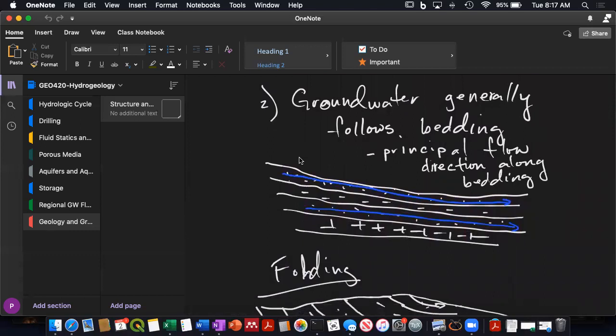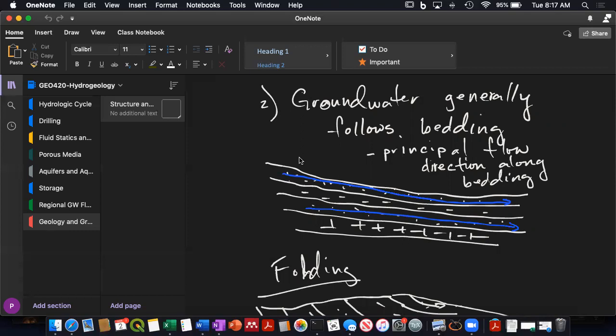All right, we also said that groundwater generally follows the bedding plane. All right, and so if we think of the world as a sedimentologist, you know, the principle of original horizontality, right? I think that's one of our first Geo 101 principles. Everything is these flat beds, right? And that's basically true for sedimentary systems.